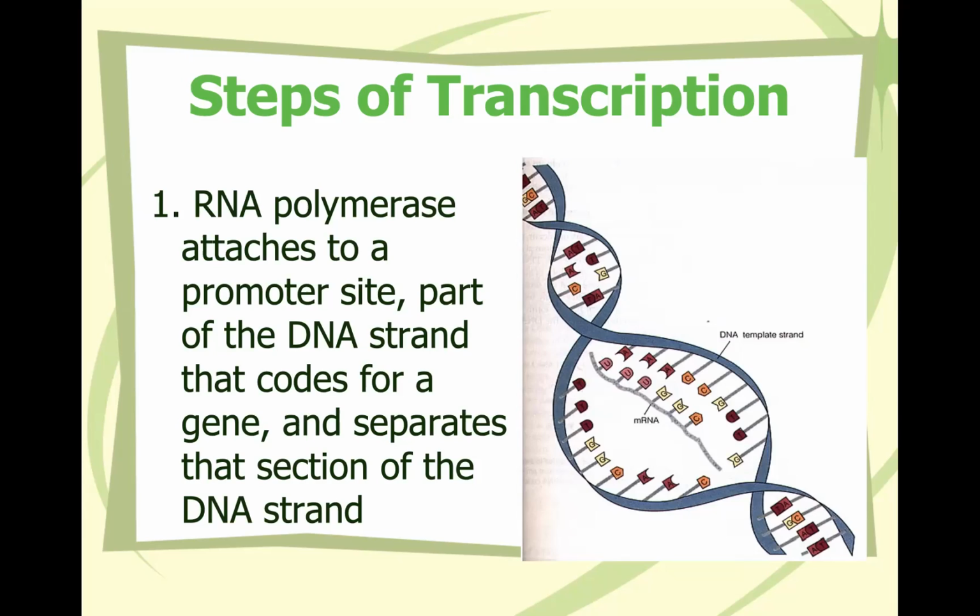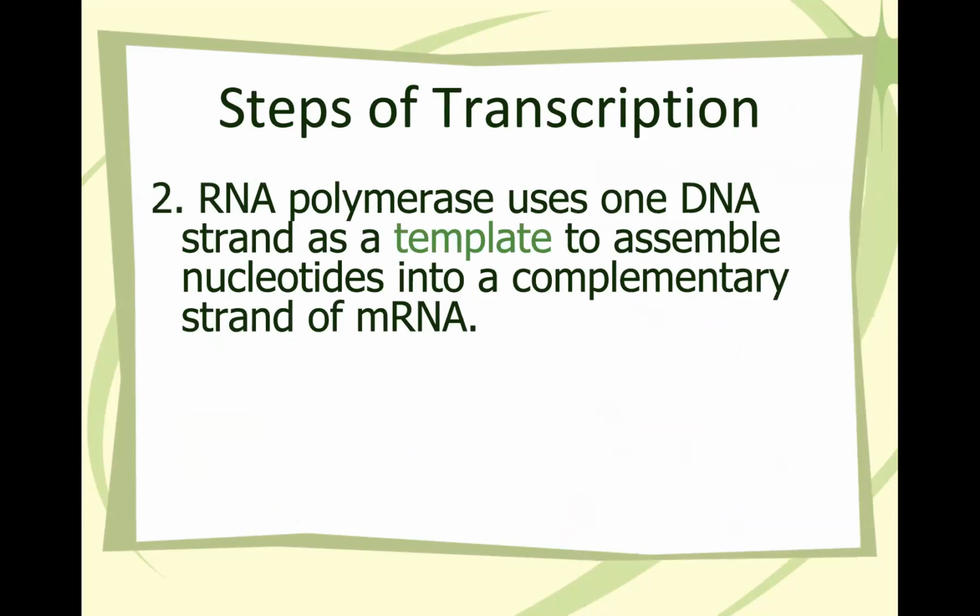It's part of this DNA, and it tells us where we're going to start transcription. RNA polymerase uses one of the DNA strands as a template to generate this new complementary strand of messenger RNA.